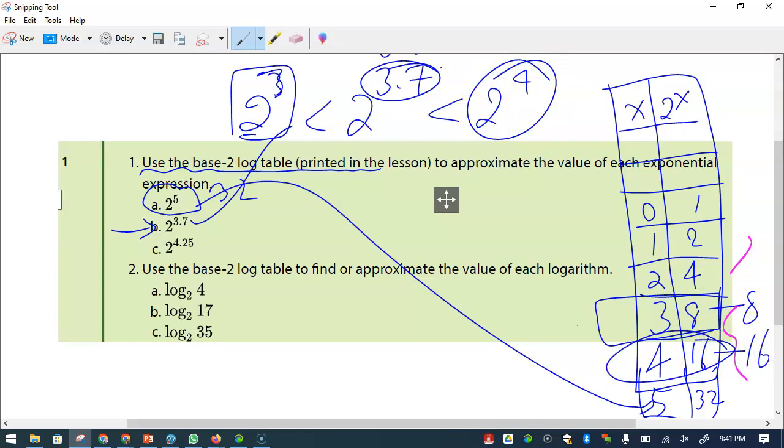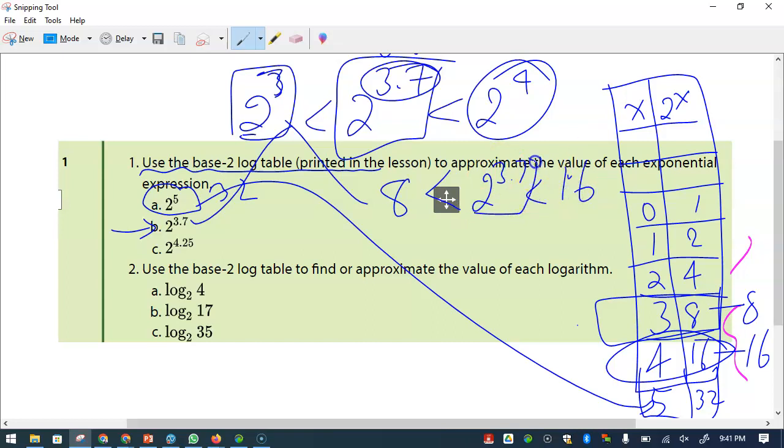So 8 is less than 2 raised to 3.7, which is less than 16. So the value of 2 raised to 3.7 is between 8 and 16. This 3.7 is almost close to 4, right? So maybe the value will be closer to 16.